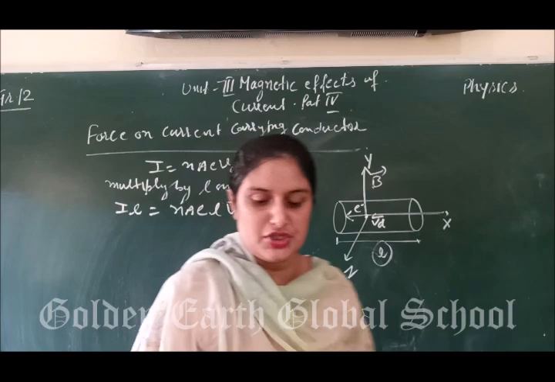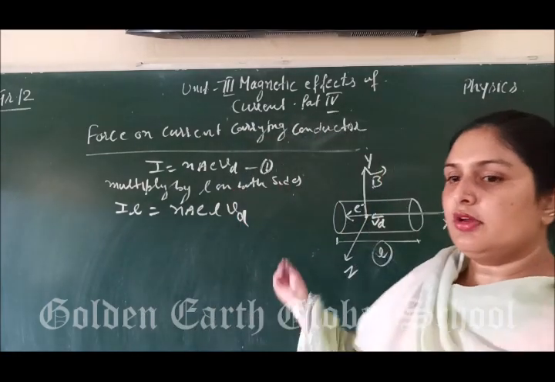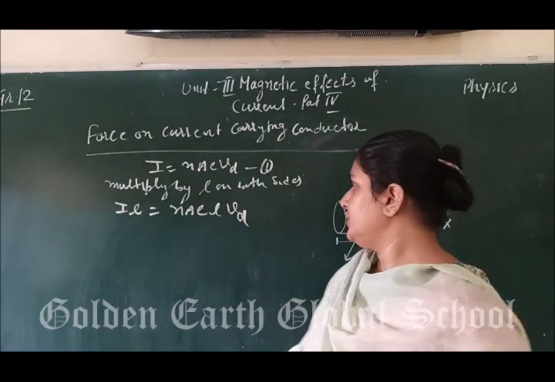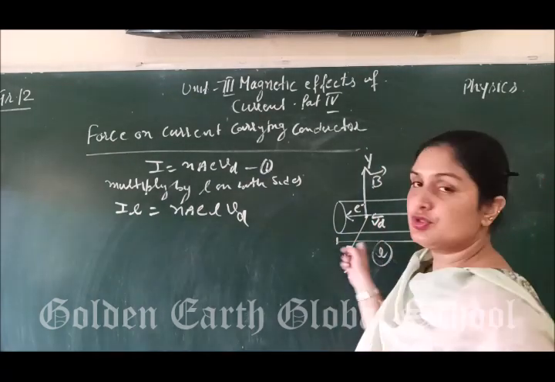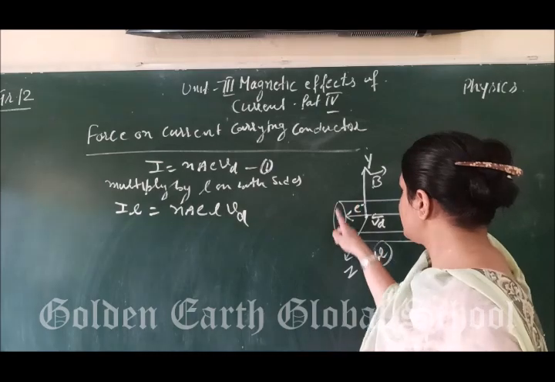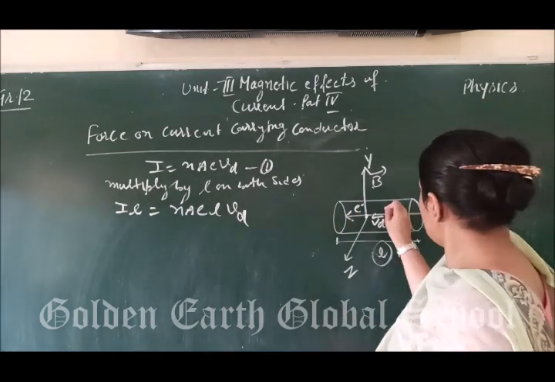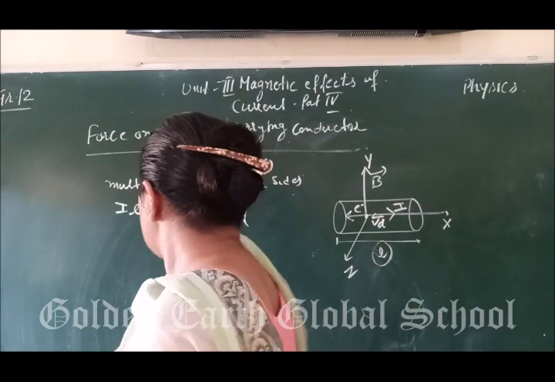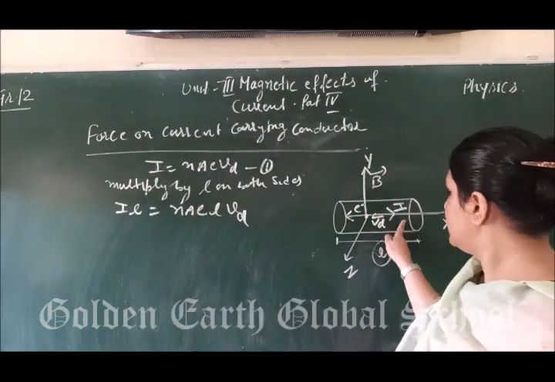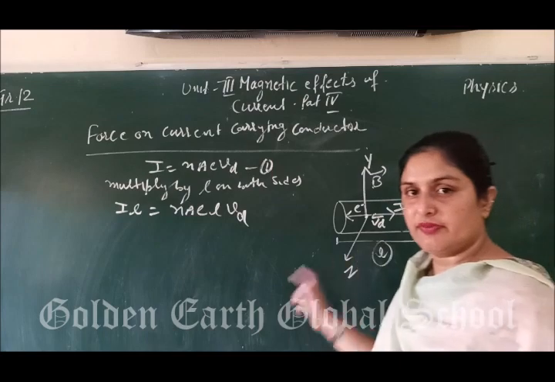Now what about the direction? We always talk about conventional current, and the conventional current is directed in the opposite direction to the actual movement of the electrons. So the current is travelling in the opposite direction to the drift velocity.